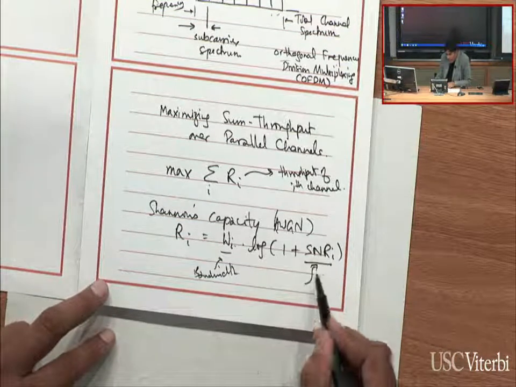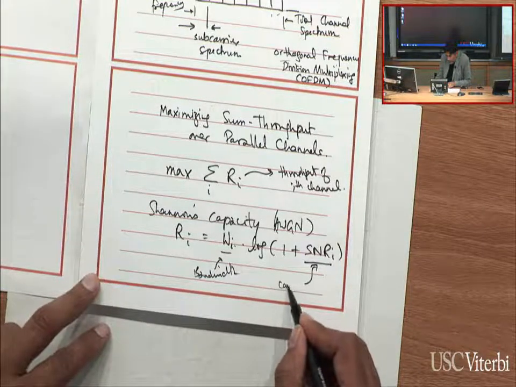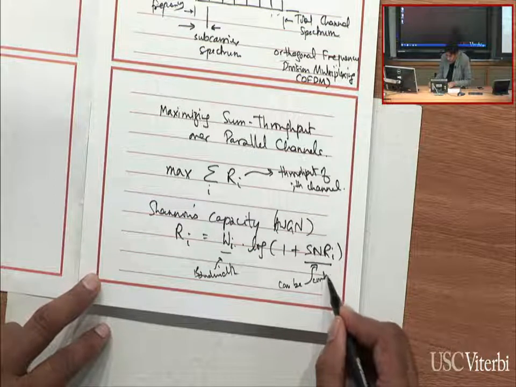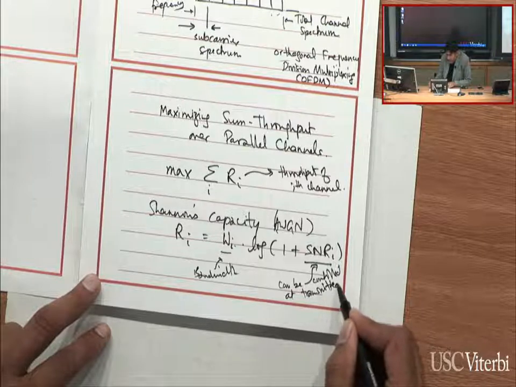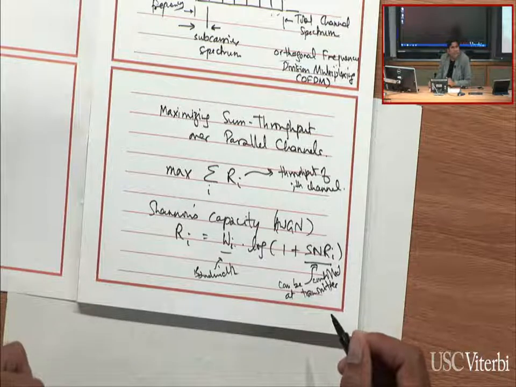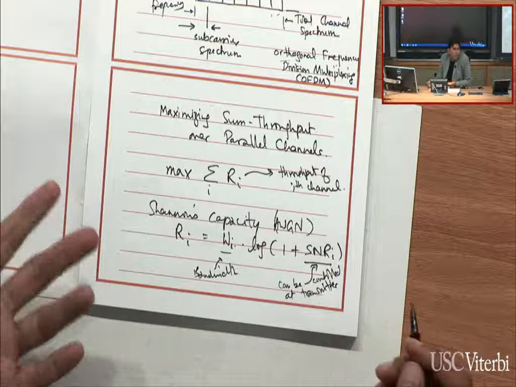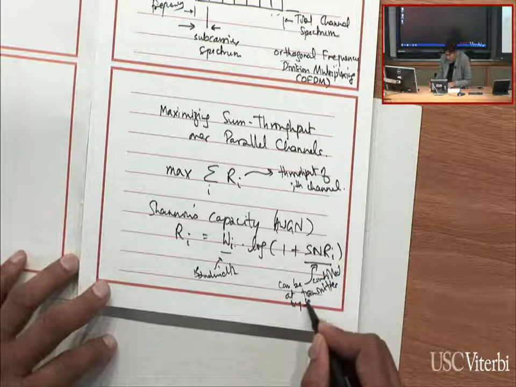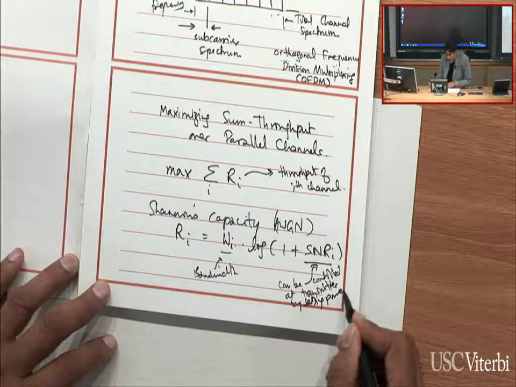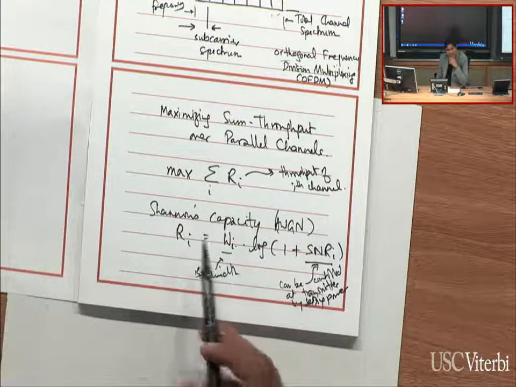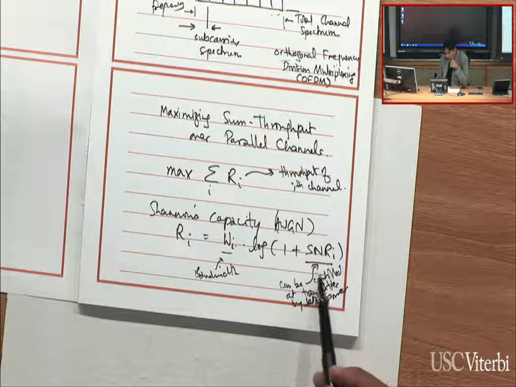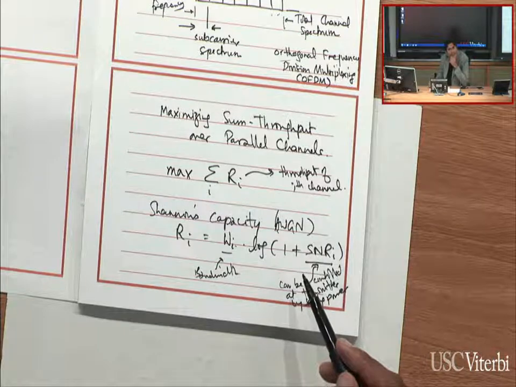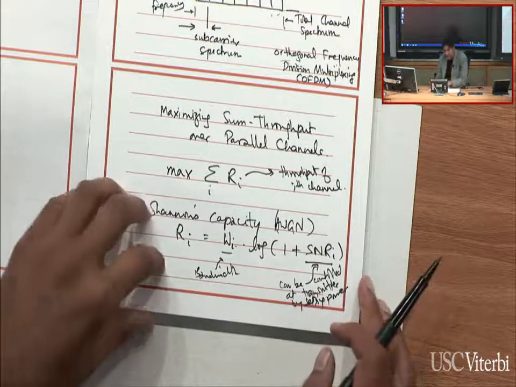And in this term, the SNR can be controlled at the transmitter. How can we control the SNR at the transmitter? By changing the power, right? By setting power. So Shannon's capacity tells us that in any channel, we can get as high a rate as we like. Really, there's no limit to it, so long as I can keep boosting my SNR. And the way I boost my SNR is I change my power level.